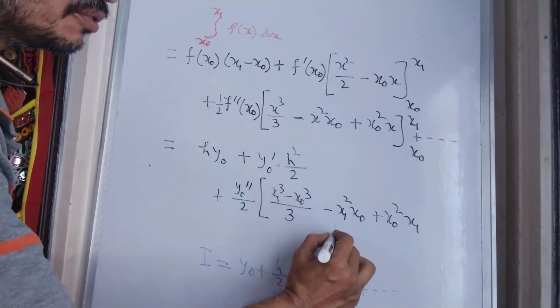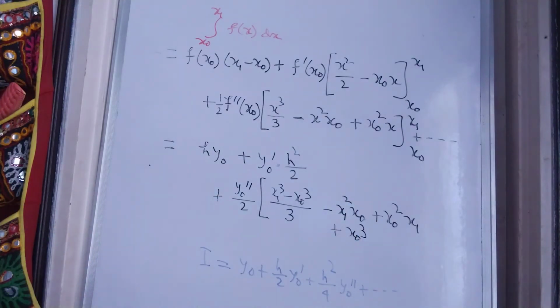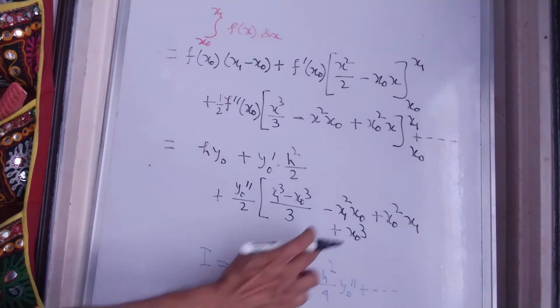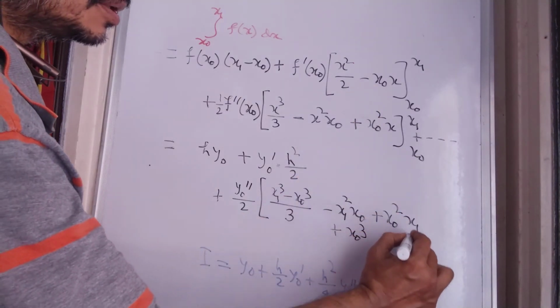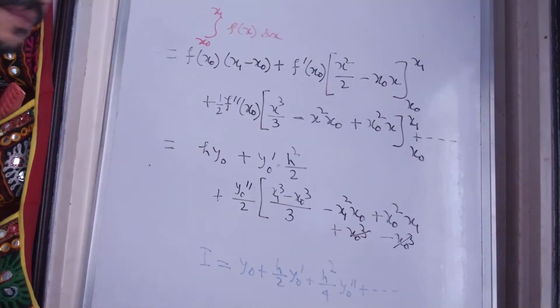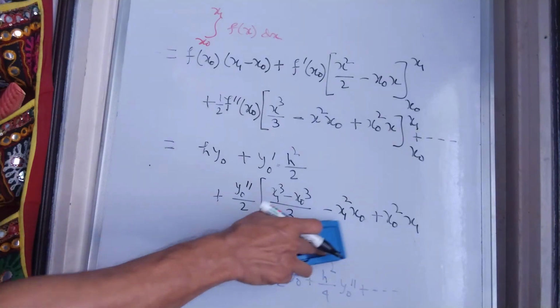it becomes plus of x0 cube. If we put x0 in place of x, it becomes plus of x0 cube, and this is minus of x0 cube. So these two terms cancel out, and we are left with these two terms only.